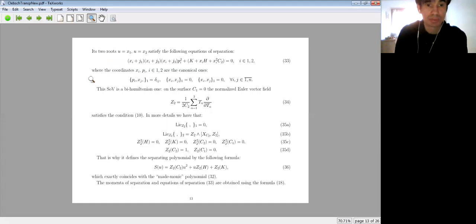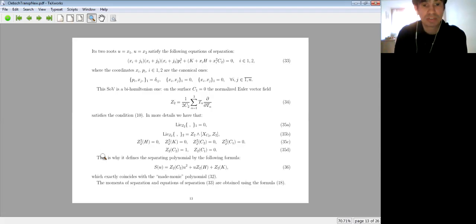Let us briefly explain that this separation of variables is in fact the Hamiltonian one. On the surface C1 equal to 0, the normalized Euler vector field 34 satisfies all the conditions 10. In more detail, this condition 10 has the following form, form 35, and it is straightforward to check that the vector fields do indeed satisfy this condition.